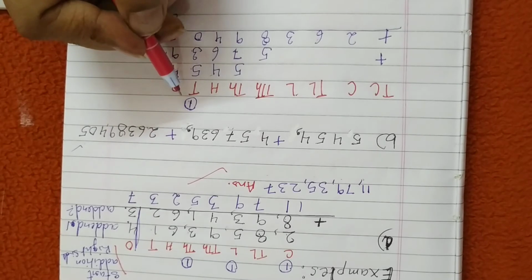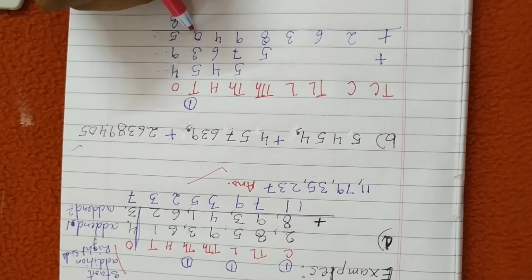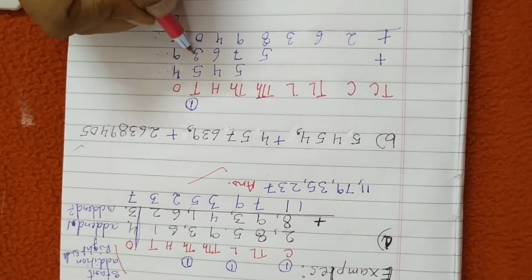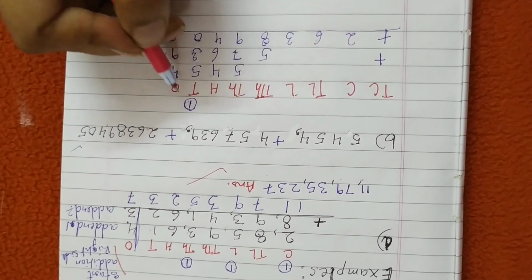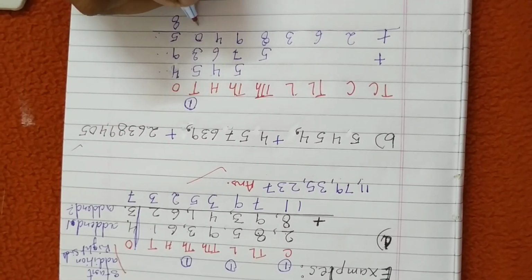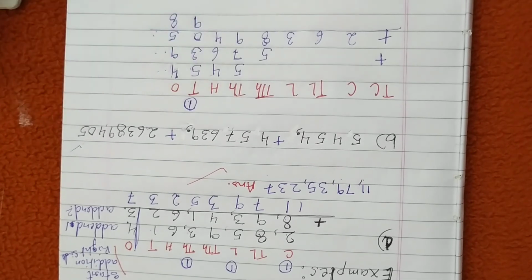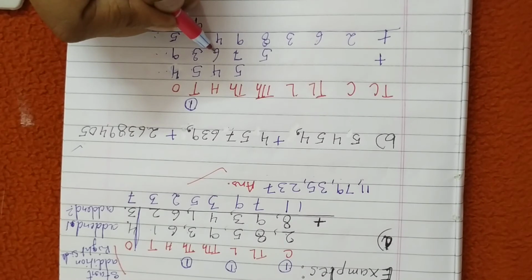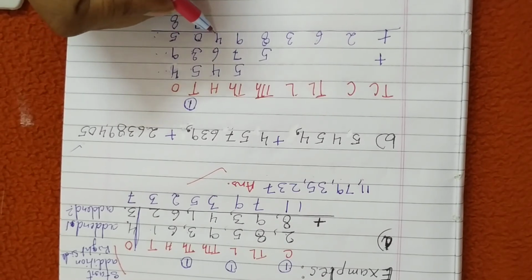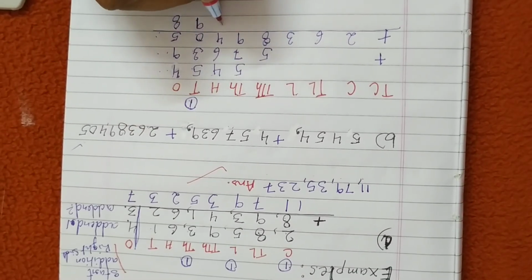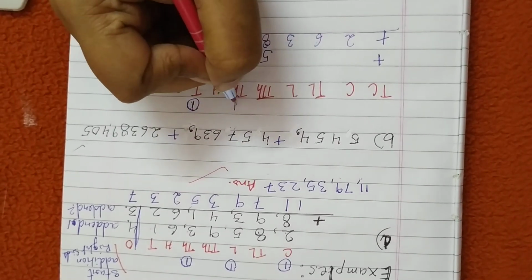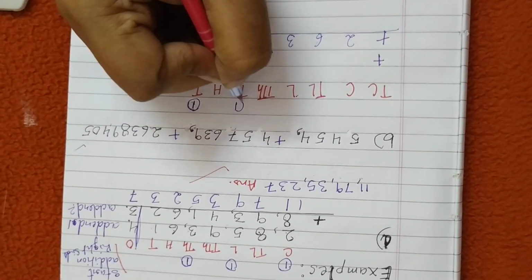Carry 1, 9. Now add the hundreds column. 4 plus 6, 10. 10 plus 4, 14. I'll be writing 4 here, and 1 will be carried over to the thousands column.